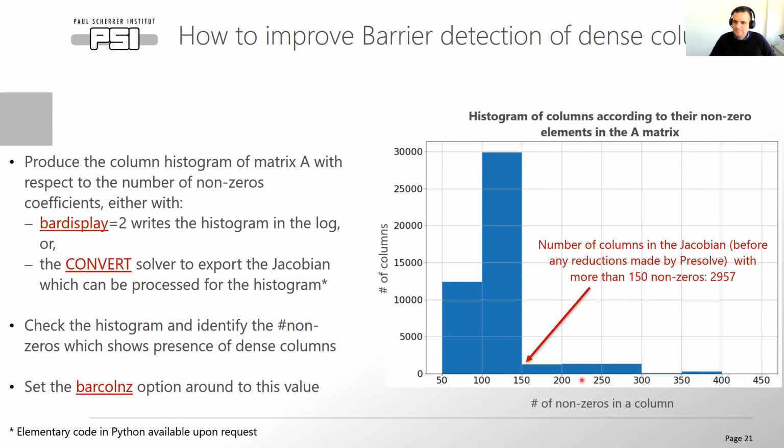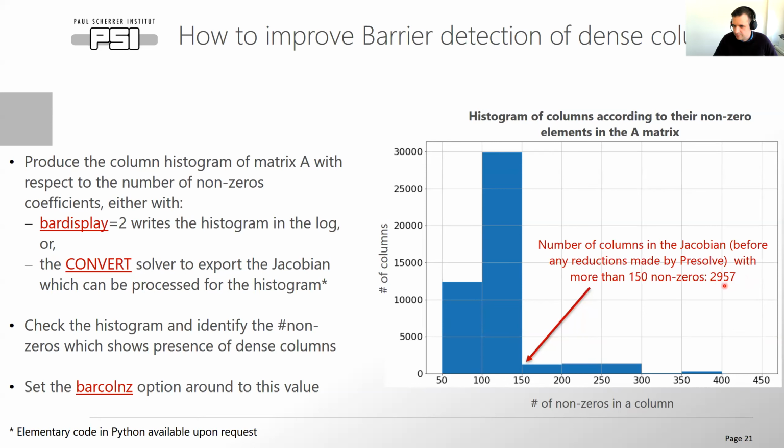When we count how many columns have more than 150 non-zeros, we come to a number, 2,957. This number is produced by the Jacobian, so it's before the reductions made by Presolve.